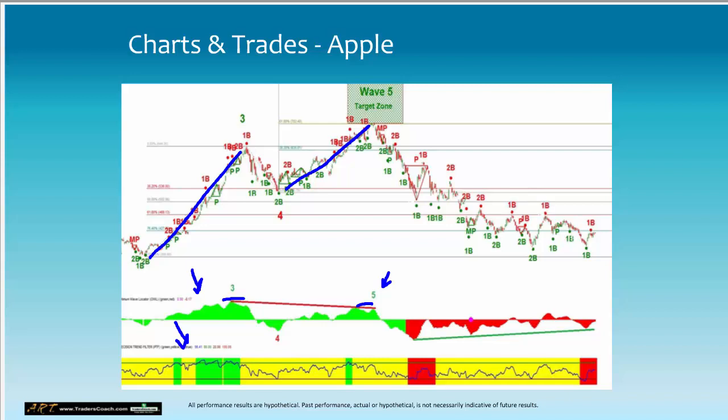All right, the other thing too is that if you're in wave 5, you've also had to have had a wave 4, ABC correction for a wave 4. And there you have that right there. Now you also have to have a negative momentum during wave 4. And even though that's green in color, we changed the colors a little bit, that is below the 0 line. So that's technically negative.